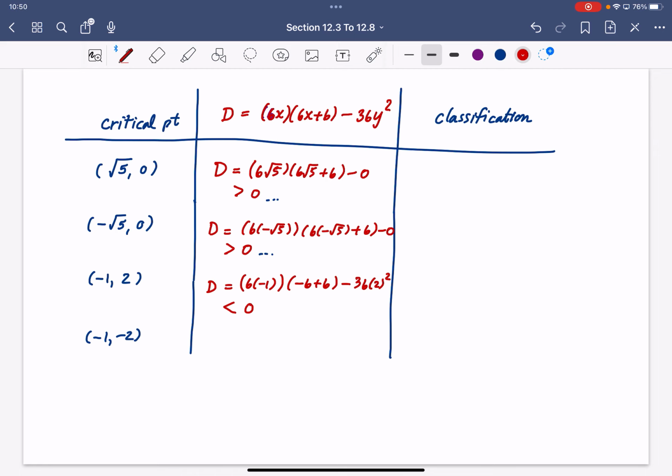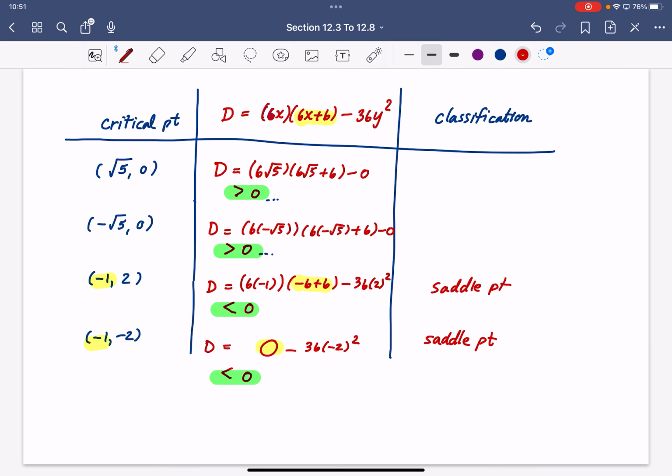The same thing here, you get 0 minus something, so this is less than 0 as well. Because when you plug in minus 1 into the term I highlighted in yellow, it gives you 0, and then minus 36 times minus 2 squared, so you get a minus sign. So here greater than 0, less than 0, less than 0. So for sure, these are saddle points.